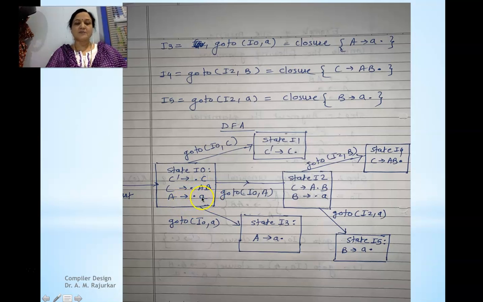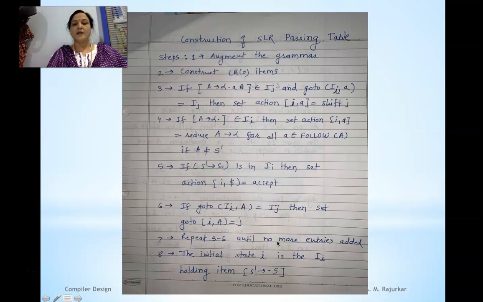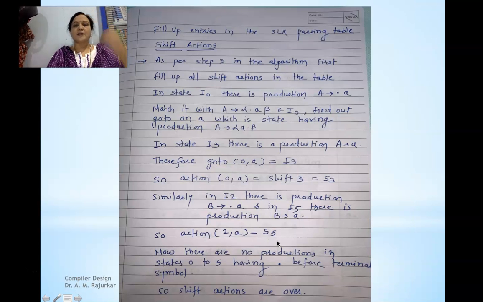Yes, but this is the production A tends to dot small a, where after the dot a terminal symbol is there. Means this is going to lead to a shift action. So from I0 where the transition is going on a, the transition is going to I3, because here the production is A tends to small a dot. So that we are going to check, right?